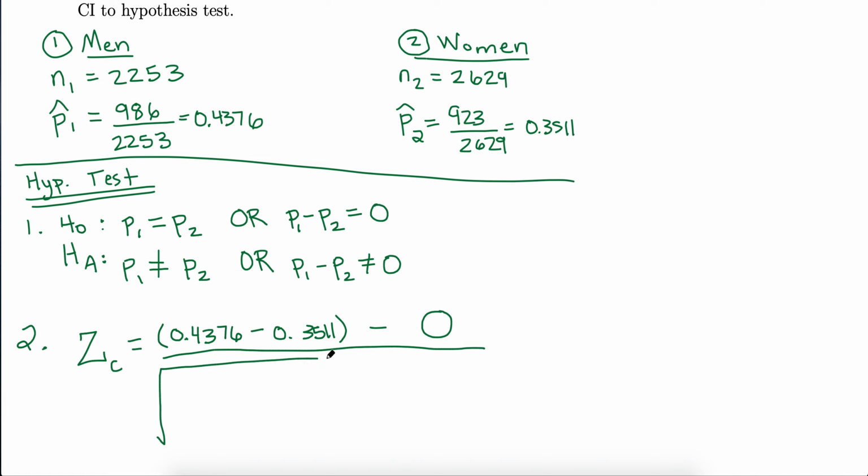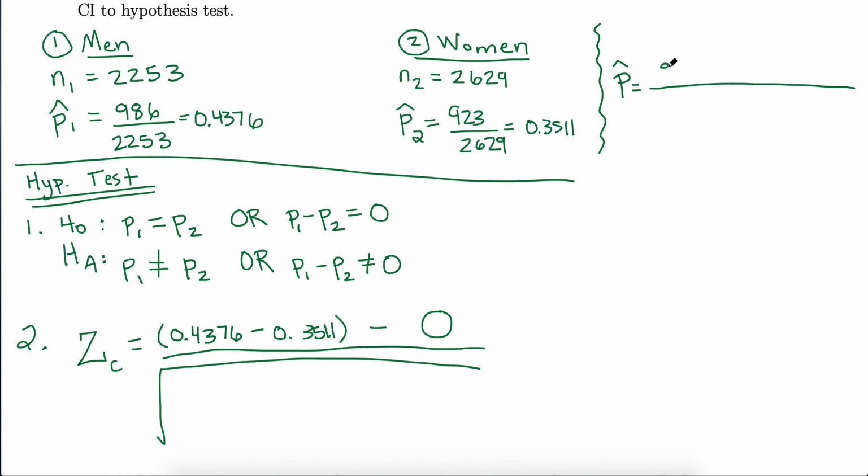So our null said that the two groups were the same. p1 and p2 are the same, so we need this common same proportion to use in our standard error. So let me find it up here. We called this just our p hat. We didn't have a subscript because we're assuming it's not two groups, but one common group. So just combine all the data together.